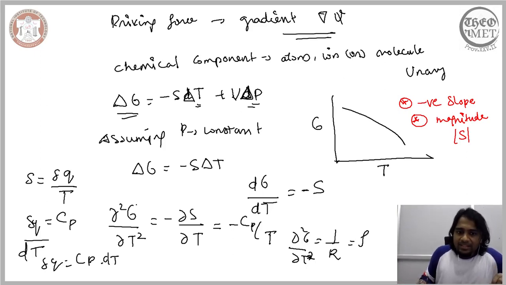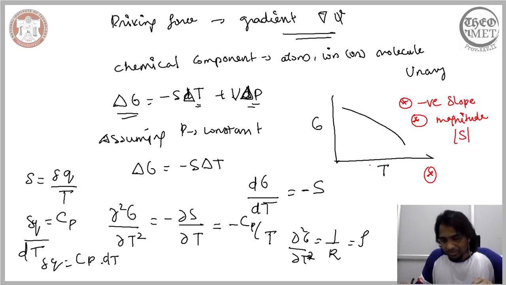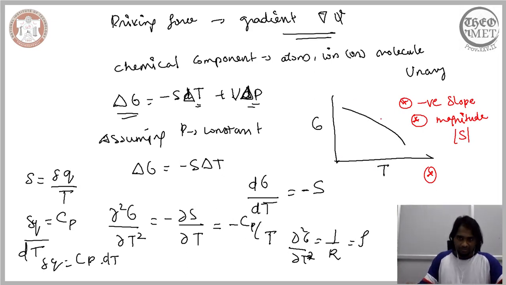Now since the curvature is inversely proportional to the temperature, as the temperature increases, the curvature decreases. So it is possible for us to make three distinct observations from this schematic illustration. One, the slope of the curve representing the change in the Gibbs free energy with respect to temperature for a single component system is negative. Two, the magnitude of the slope is equal to the entropy.